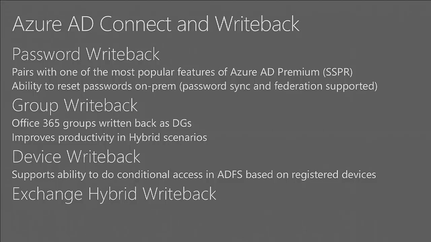What we do with Azure AD Connect is we write back these registered devices in the cloud to on-premises. The reason we do that is for some of you who have ADFS, for example, and you have applications attached to ADFS, where ADFS is a claims provider, ADFS can use these attributes to have a conditional access control plane in ADFS to govern access to these on-prem applications. So that's another way we enable security with Azure AD Connect.